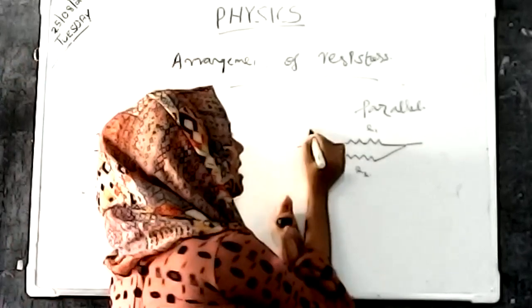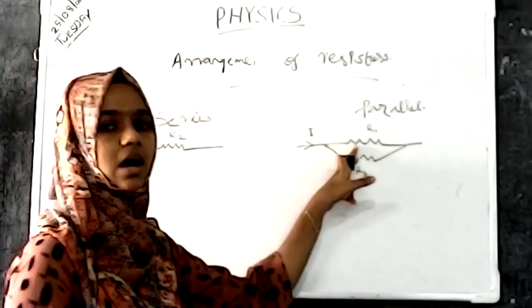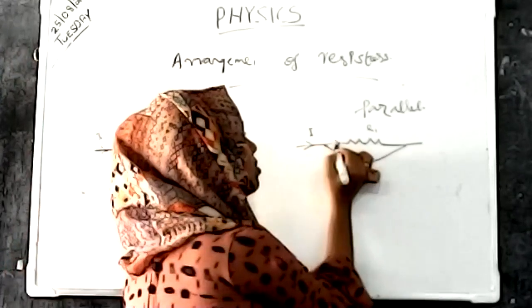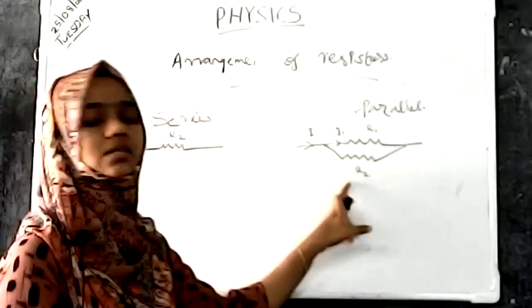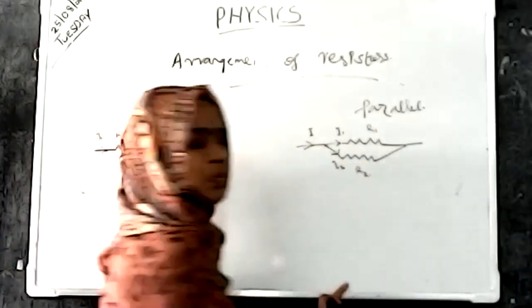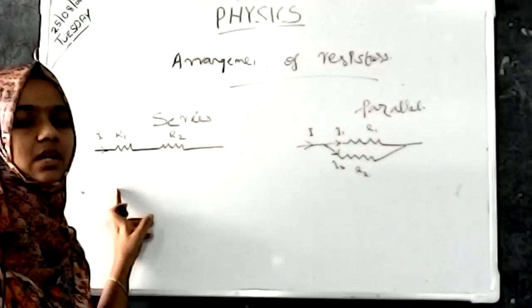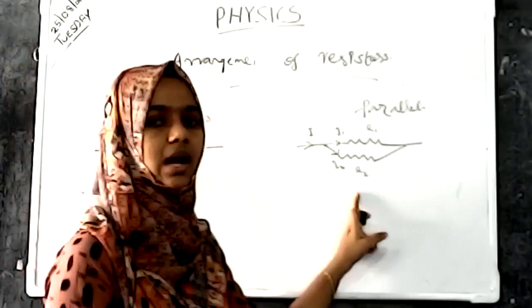The applied current is I, and when it comes to the resistor R1, the current becomes I1, and at resistor R2, the current splits and becomes I2. So in the first connection, there is no change in current. In the second connection, there is a current change.